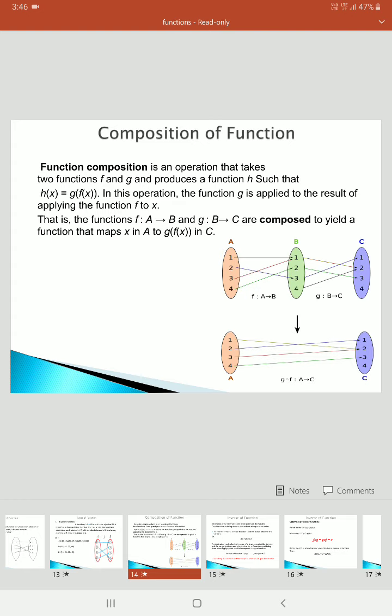That is, the function f such that A to B and function g such that B to C are composed to yield a function that maps x in A to g of f of x in C. And see the figure.